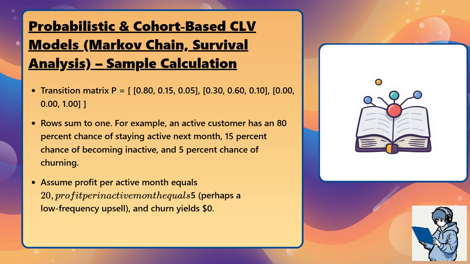Assume profit per active month equals $20, profit per inactive month equals $5, perhaps a low-frequency upsell, and churn yields $0. Let R be the reward vector [20, 5, 0].